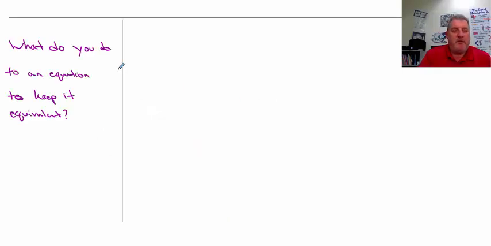Okay, so let's review some of the ideas that we were using today. What do you do to an equation to keep it equal on both sides? Well, what are the things we did today? We added the same number to both sides.